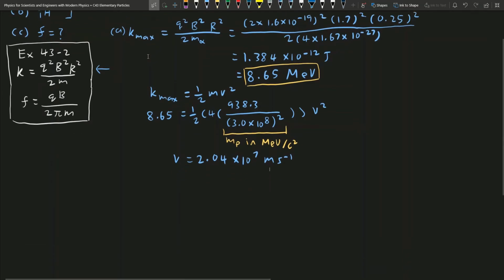Now the same thing with B. For B we have one proton and one neutron.